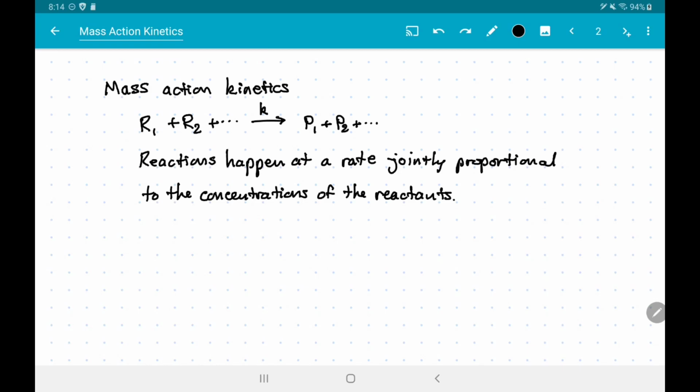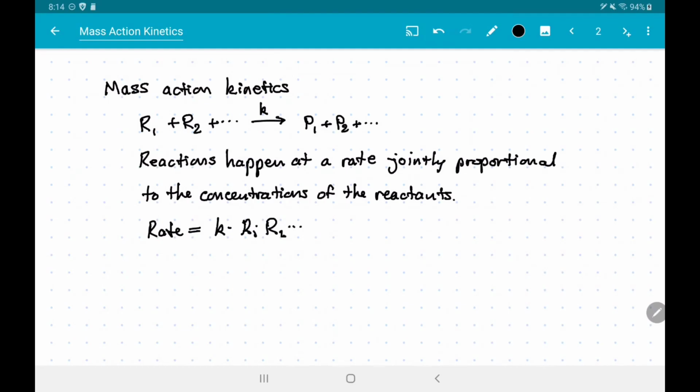So when I say reactions happen at a rate jointly proportional to the concentration of the reactants, what that means is that the rate of the reaction as shown here is k, that's the constant of proportionality, times R1 times R2, and so on.